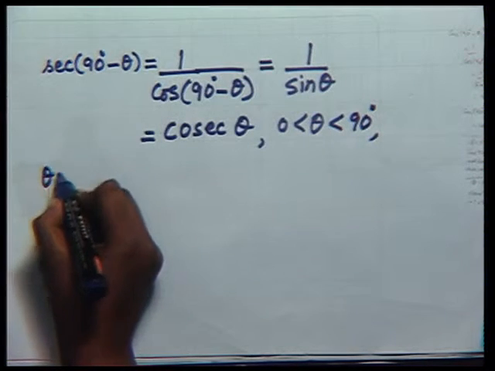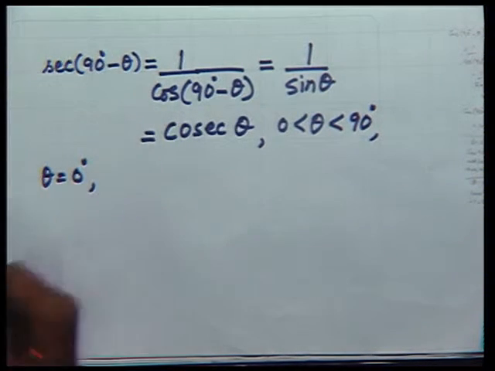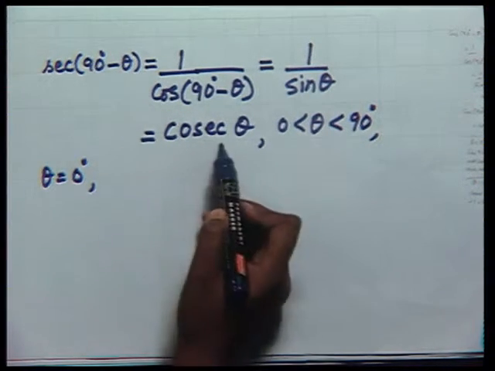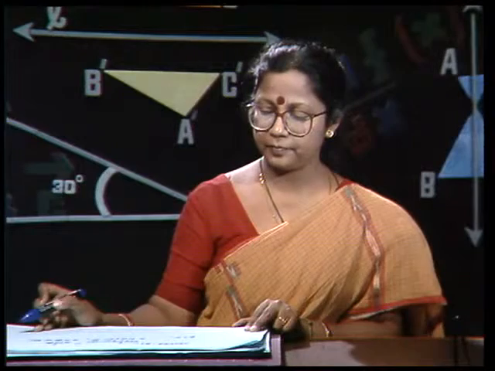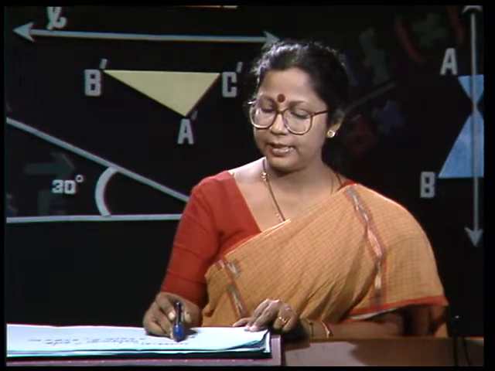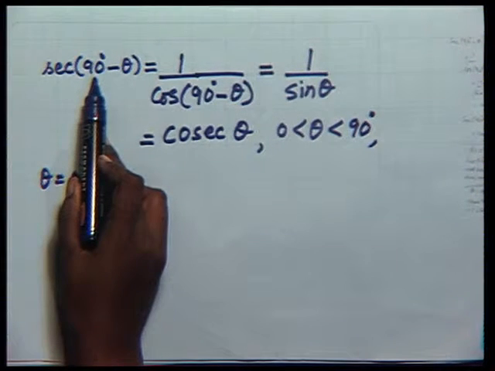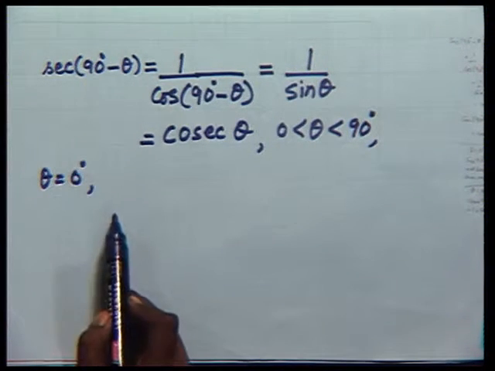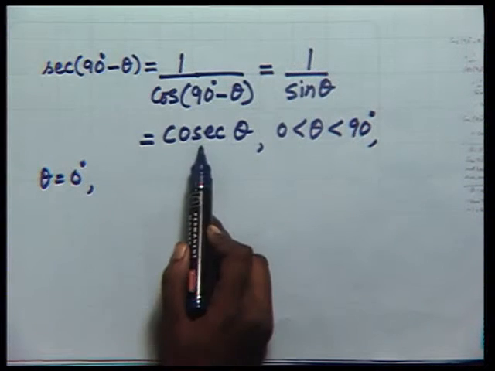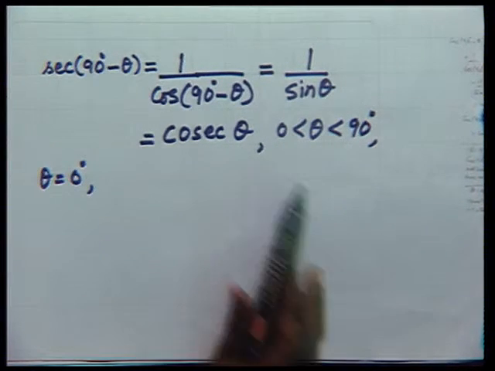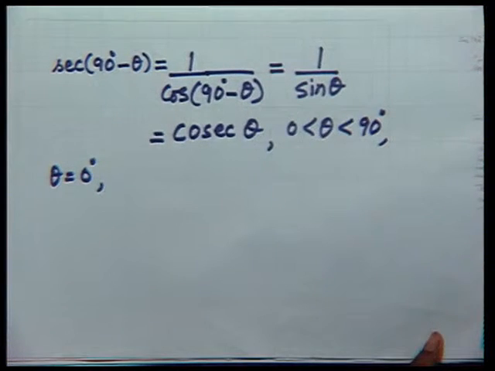Also, for theta is equal to 0 degree, we know that secant (90 minus 0) becomes secant 90, which is undefined, and cosec 0 is again undefined.